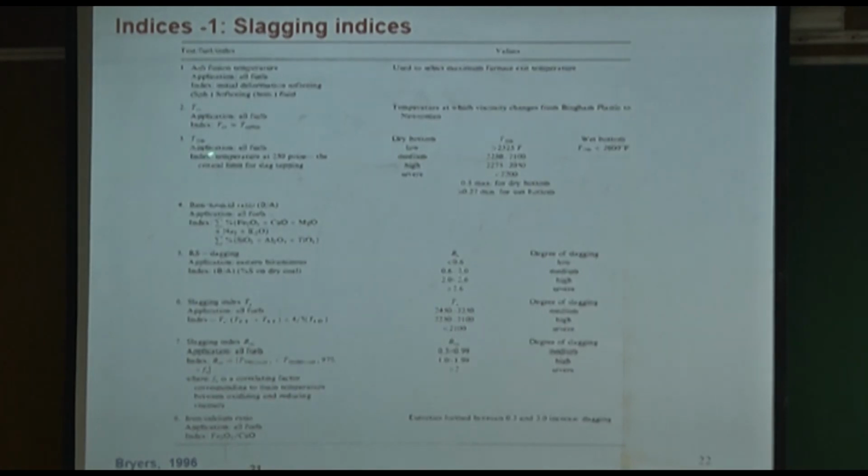Then the critical viscosity: the temperature at which viscosity changes from Bingham plastic to Newtonian. Any liquid which is Newtonian in character is easily predictable. But as soon as it deviates from that to non-Newtonian behavior, that's when it starts to create problems.